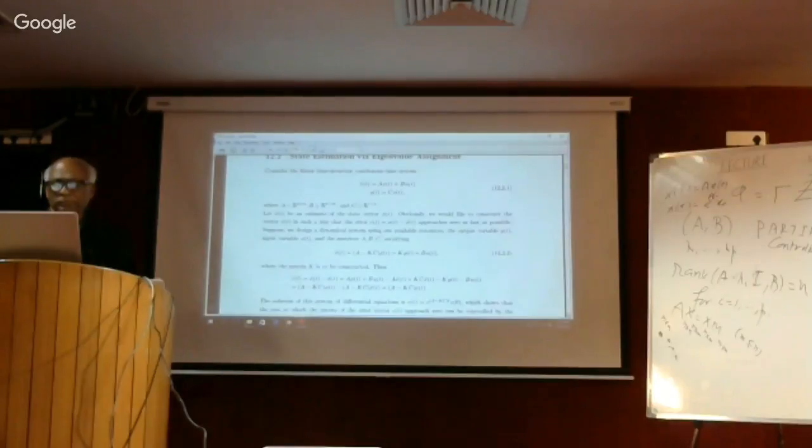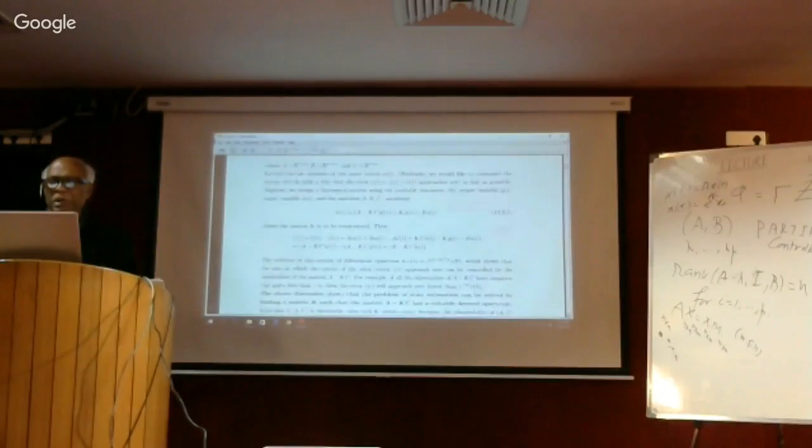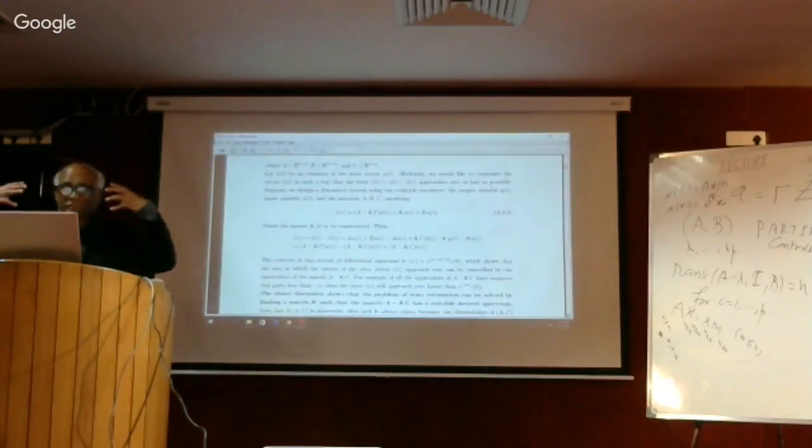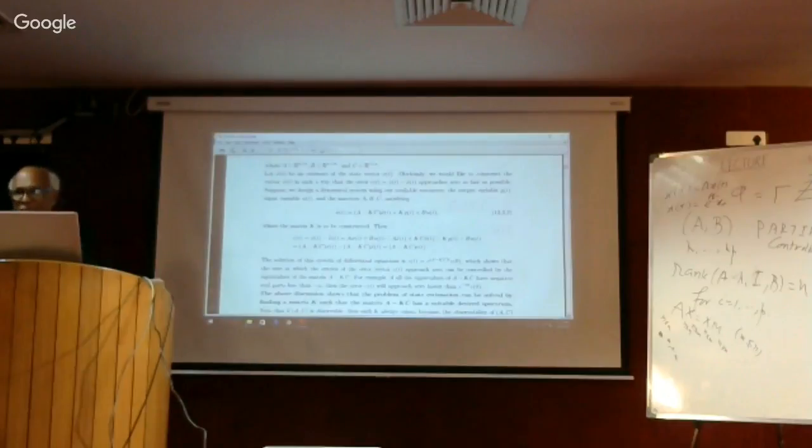So the error vector e of t approaches 0. How fast this error vector e of t will approach 0 will be determined by the eigenvalues of the matrix A minus KC.